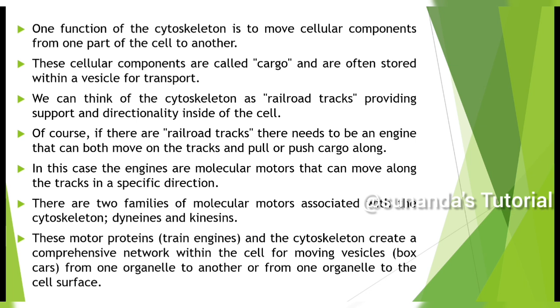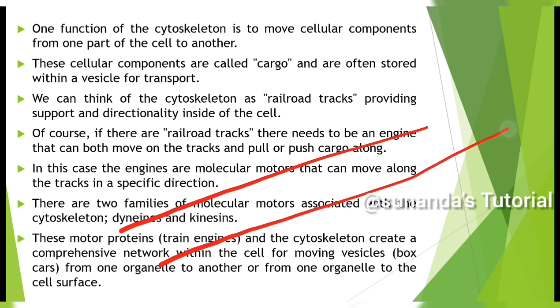Of course, if there is a railway track, there needs to be an engine that can both move on the track and pull or push the cargo along. So the cytoskeletons are the railway track.